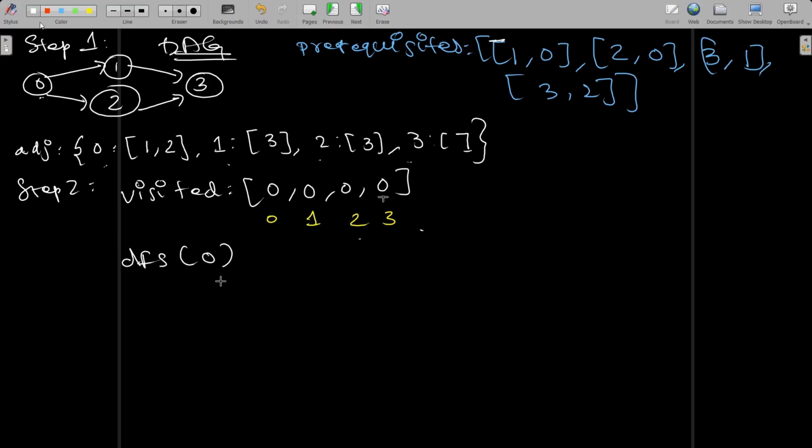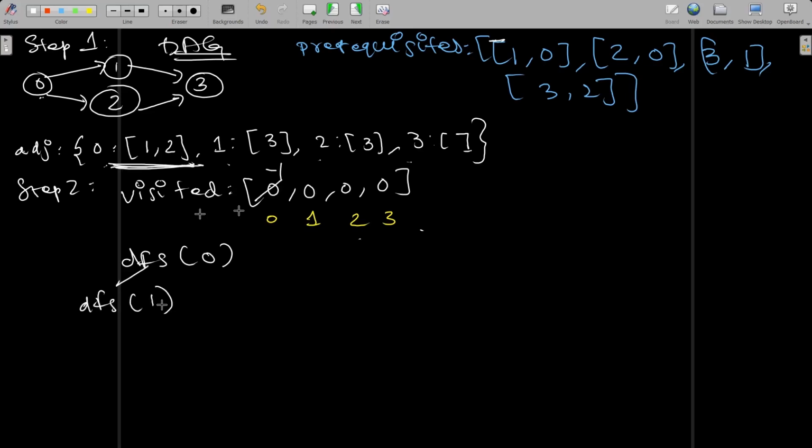Since we're performing a DFS on node 0, we'll check whether we can go inside these two nodes or not. Yes, we can, because none of them are visited. Since node 0 is getting visited, we'll change its value to -1. Then we go to the first node in the DFS call, which is DFS of 1.